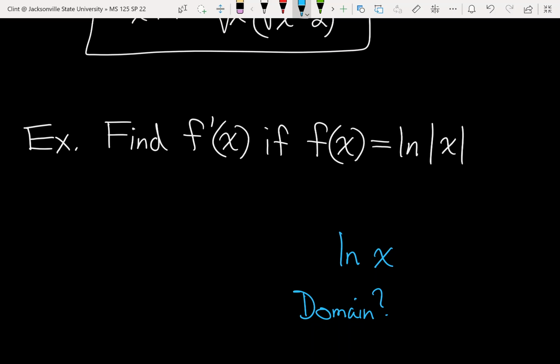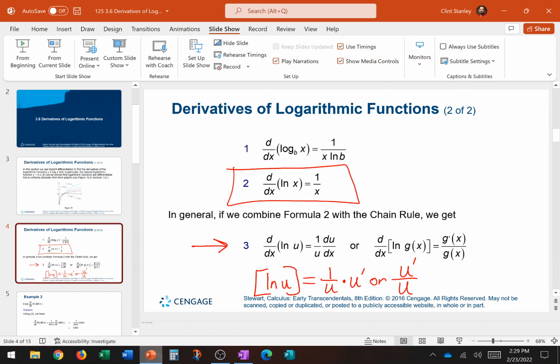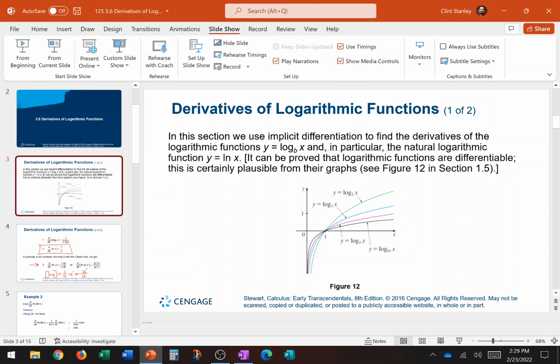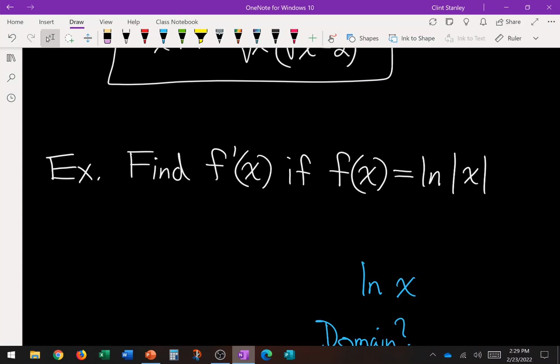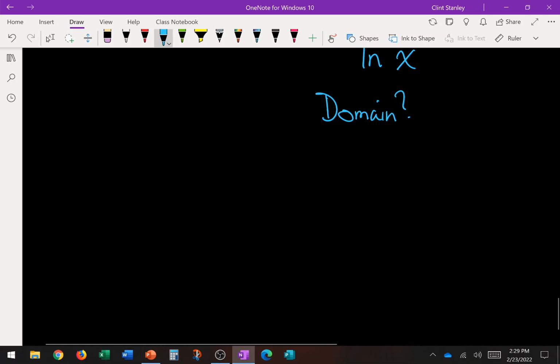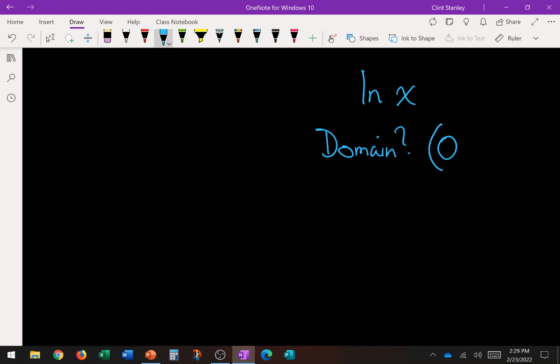Remember logarithms? Yeah, so our domain there, 0 to infinity. We're not taking 0. We're undefined at 0, so our domain there would be 0 to infinity.